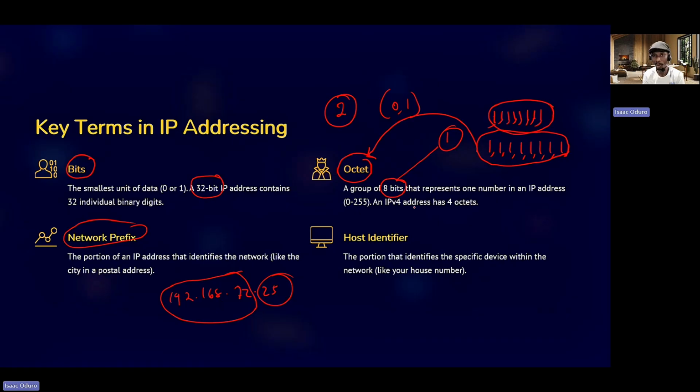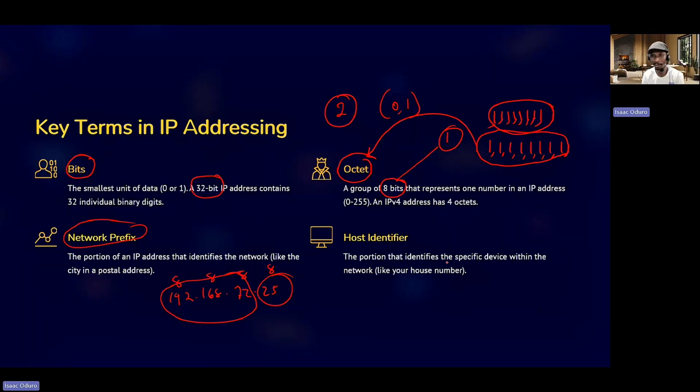But in all, we will have 8 bits as 1 octet. So the IP address will have 4 different parts: the first part is 8 bits, another 8 bits, another 8 bits, and another 8 bits. We will do a calculation on all this, and I will come to this part as the lesson goes on.